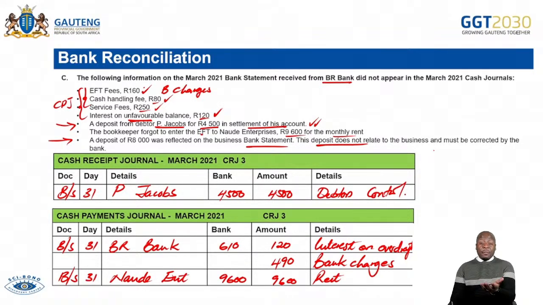So when we received our bank statement, we realized that there was a deposit, in other words, a credit entry on the bank statement, but that did not relate to us. So is it us who made the error? Certainly not. If we did not make the error, we are not going to correct it in the journals. Who made the error? That is the bank, and they've indicated that they will correct it. But remember, we have to record it now.